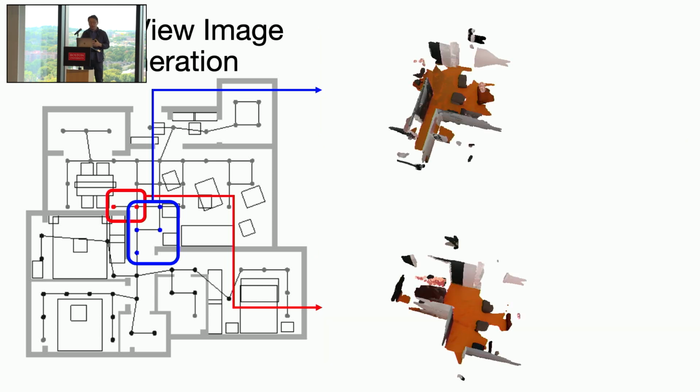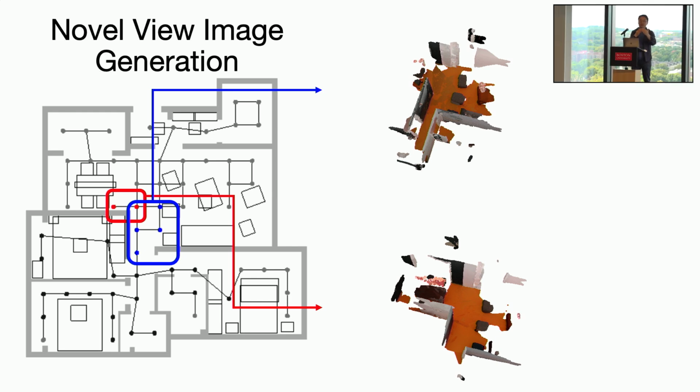So this is what the observation or generated images look like at two different batches, right? Those blue nodes and red nodes, I project them into 3D so we can see their relationship more clearly. So for example, within this blue circle, you can see in both the generated images in two batches, we have the observations of those two little stools.